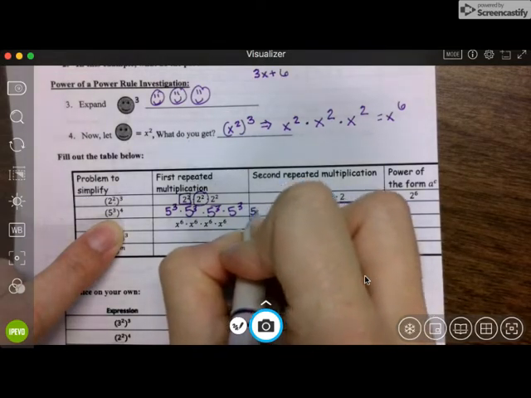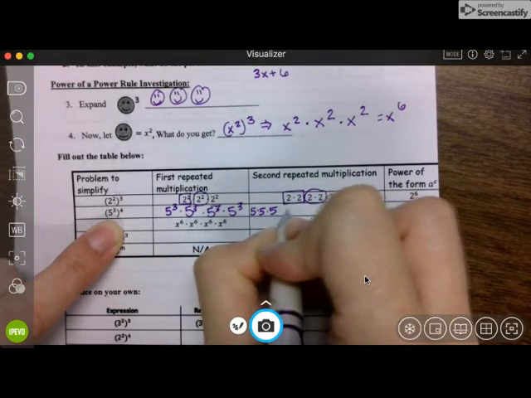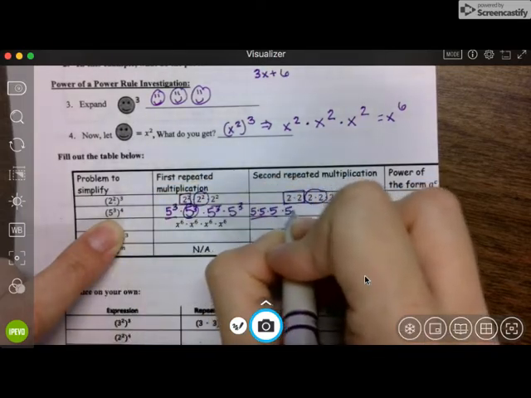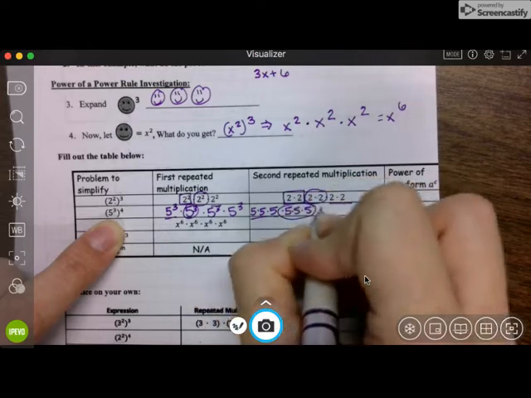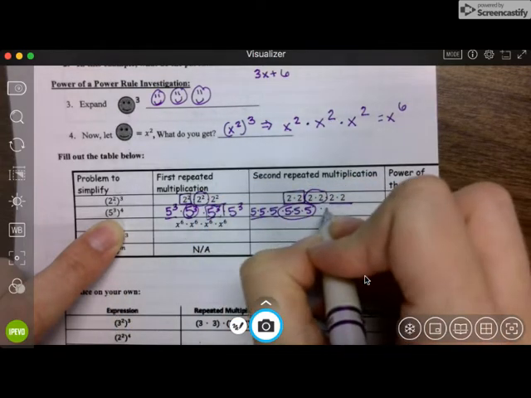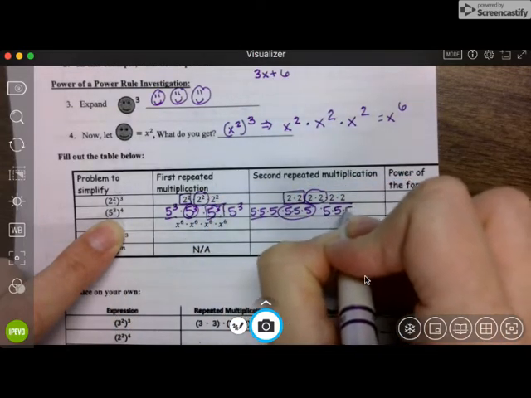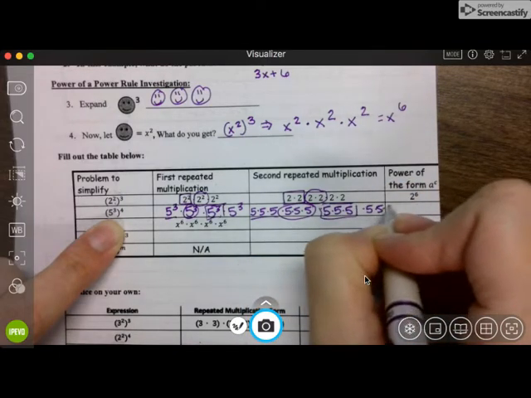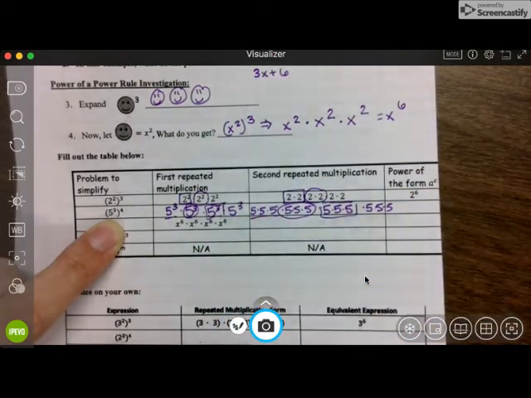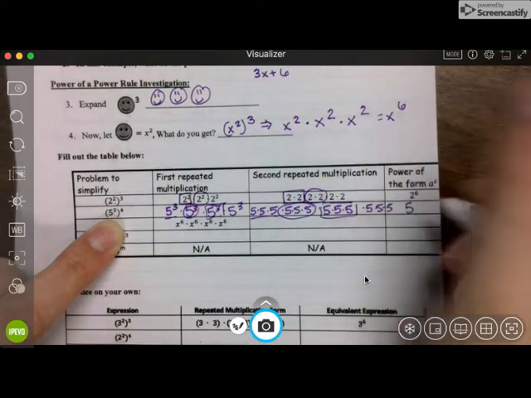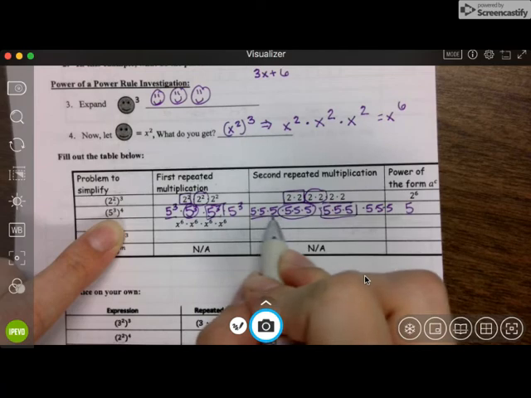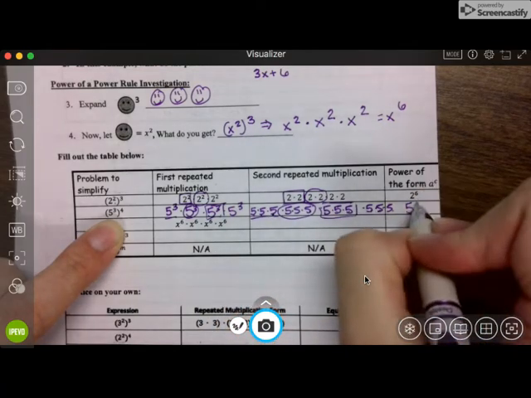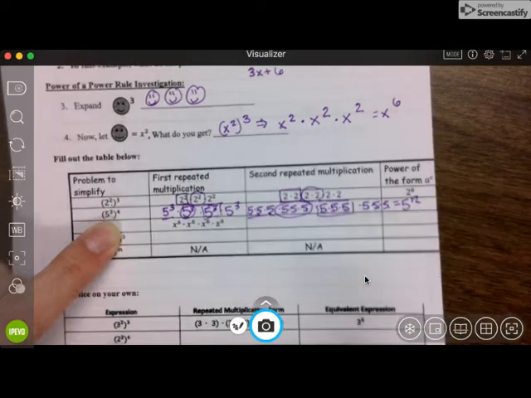So that would be 3 5s times 3 5s times 3 5s times 3 5s. And then we would write our final answer, which is 5 to the 1, 2, 3, 4, 5, 6, 7, 8, 9, 10, 11, 12. Okay?